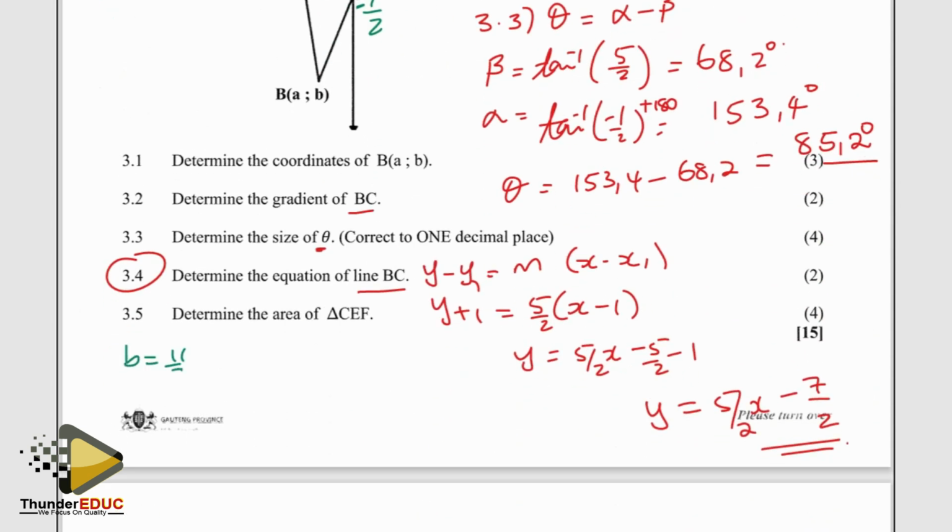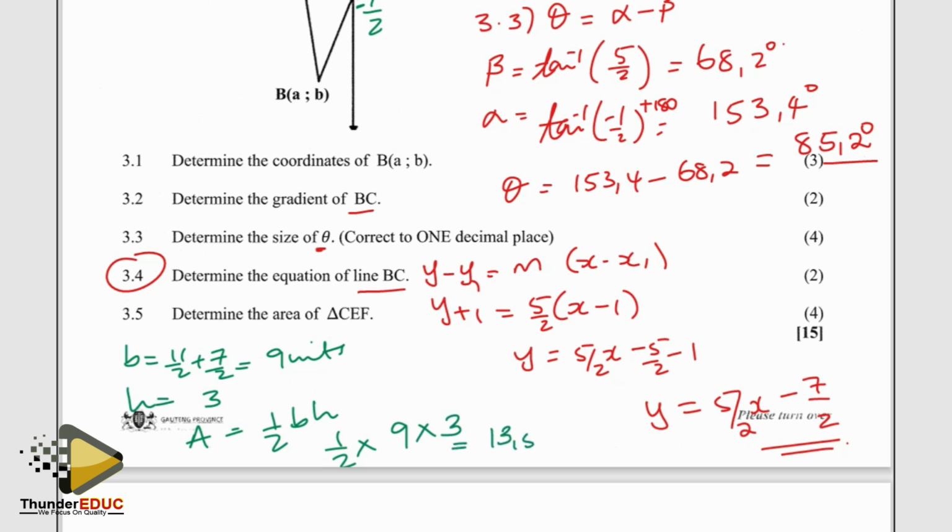Okay, so 11 over 2 plus 7 over 2, that gives me 9 units. We're saying the height is 3. So the area is going to be a half base height, which is a half times 9 times 3. So that is 27 divided by 2. I get 13,5 units squared.